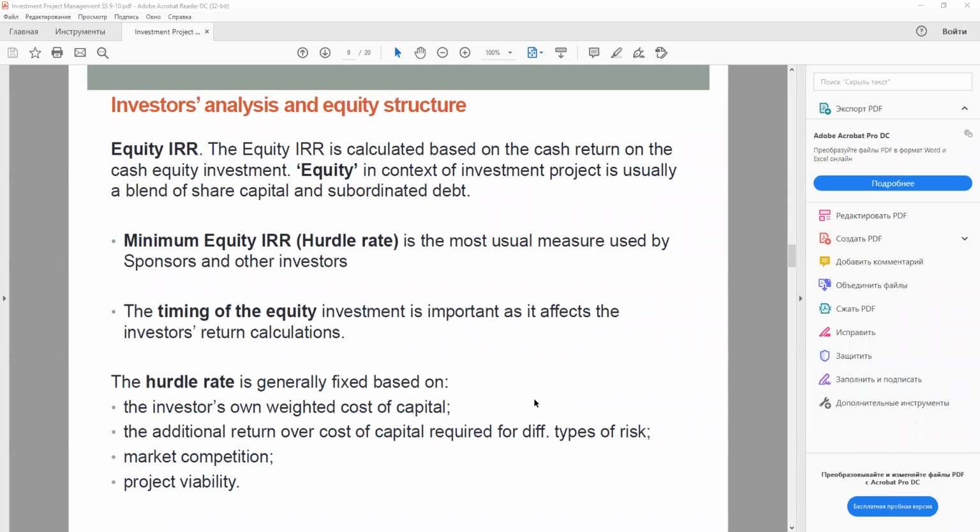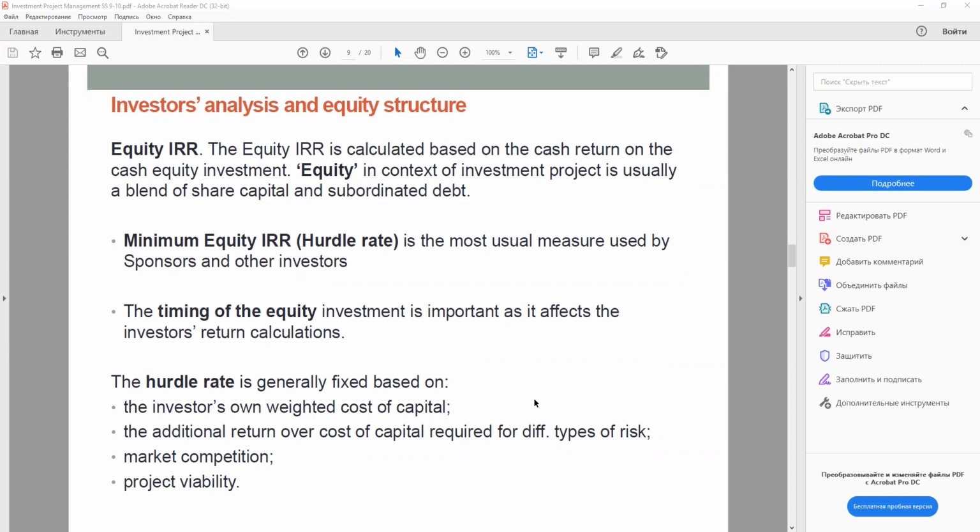However, equity in this context is usually a blend of share capital and subordinated debt. The timing of the equity investment is important as it affects the investor's return calculations. Other measures of return on investment may also be used in parallel with equity IRR.